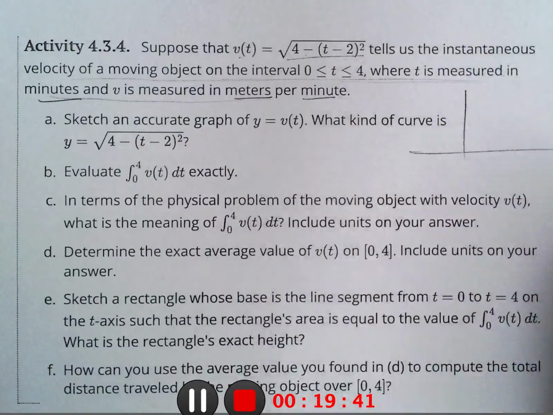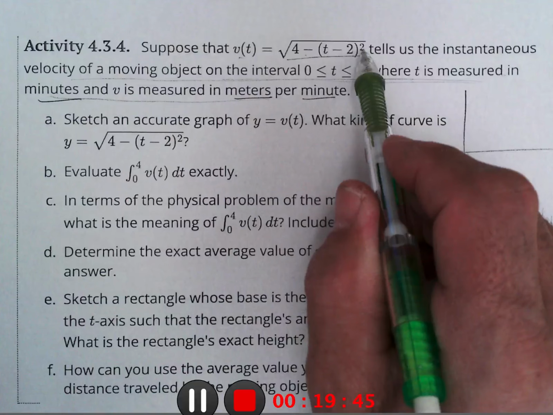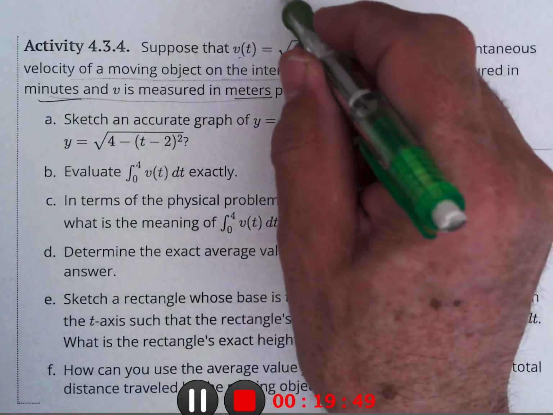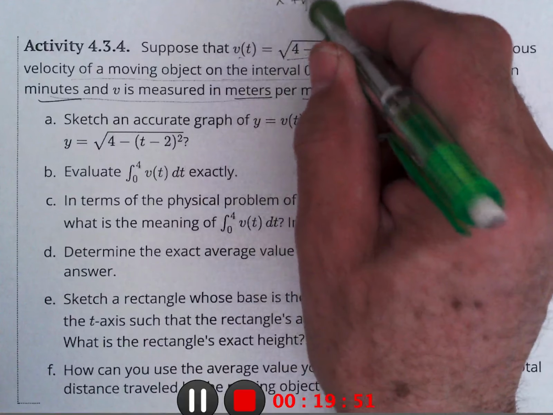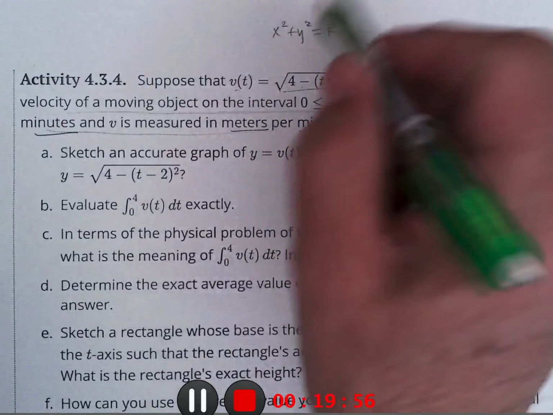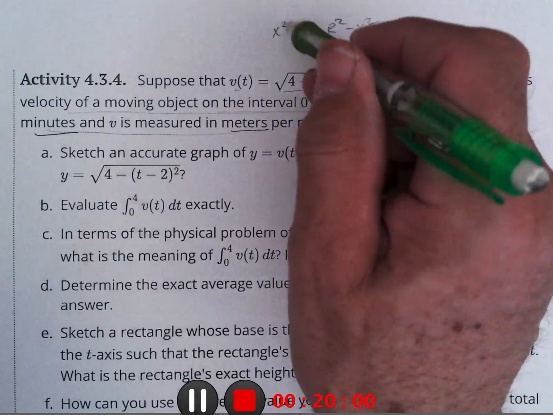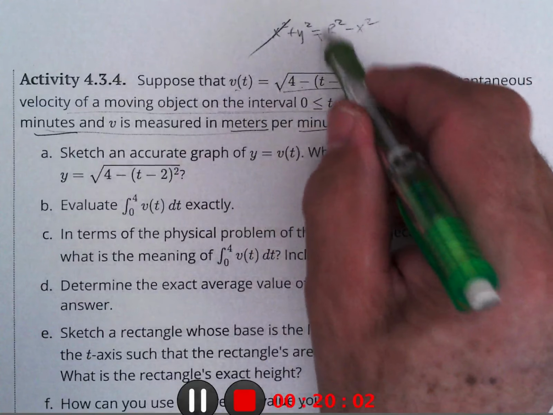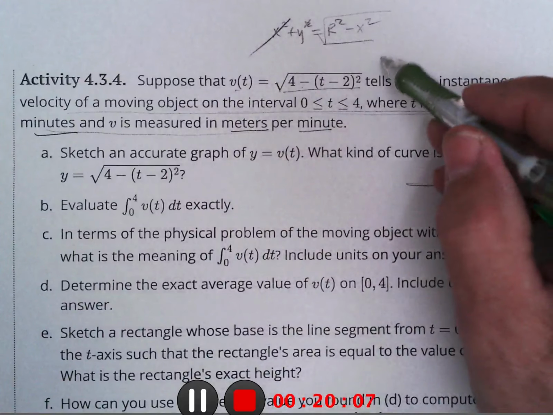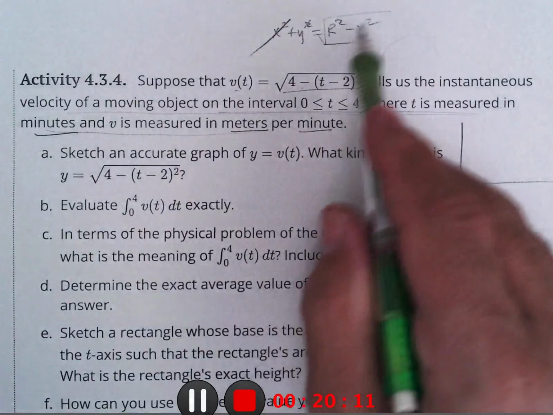Well, hopefully you're starting to recognize this as a semicircle. If you take x squared plus y squared equals r squared, that's a circle. And if you solve for y by subtracting x squared and taking the square root, and just do the positive one, you get the positive half of the circle. Well, it's not x, but t, and this is the radius squared.